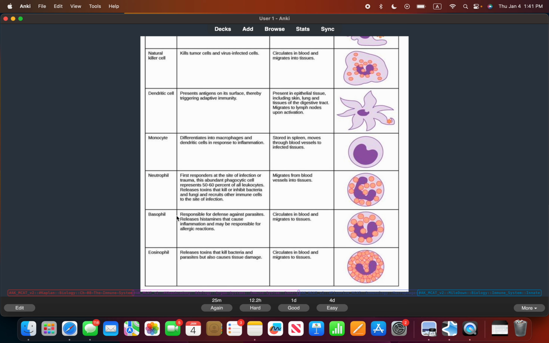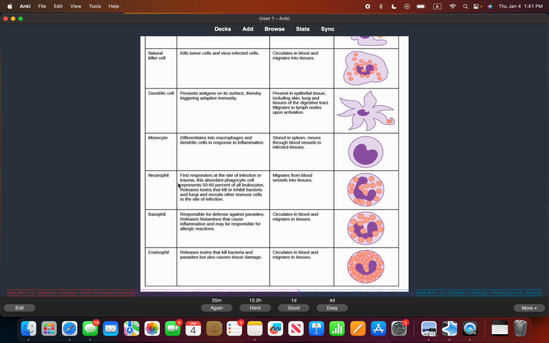Then we have basophils. They are responsible for defense against parasites. They release histamines that cause inflammation and may be responsible for allergic reactions. And they circulate in blood and migrate to tissues. And we also have eosinophils.